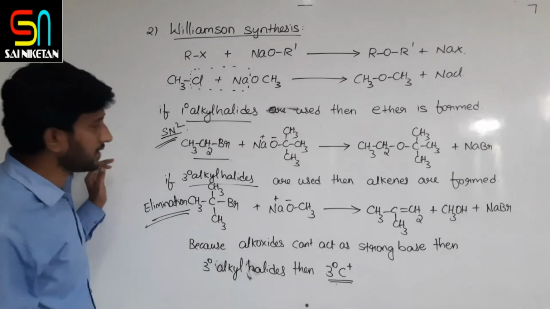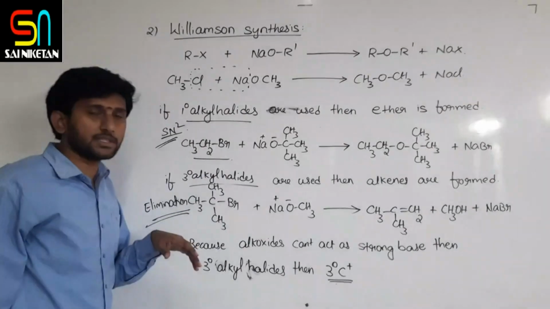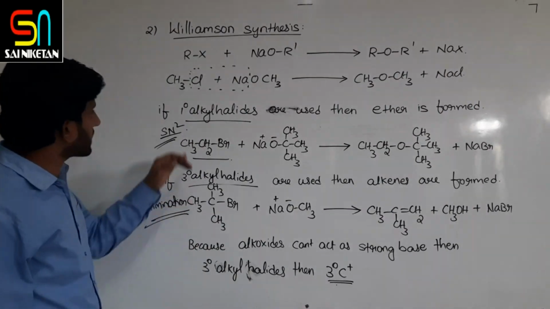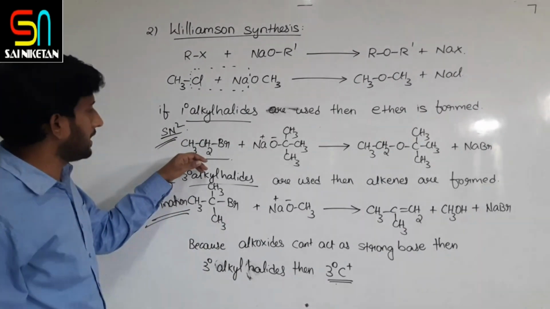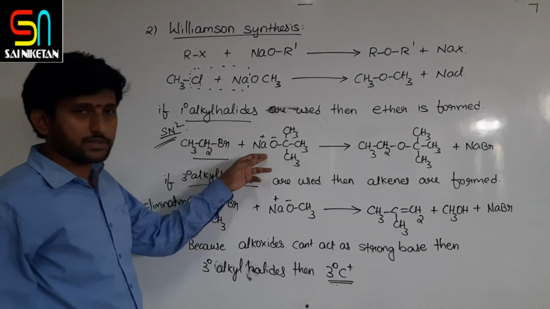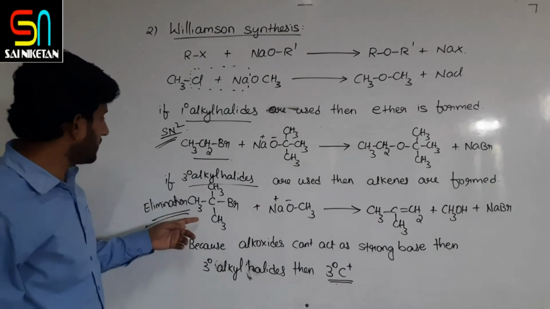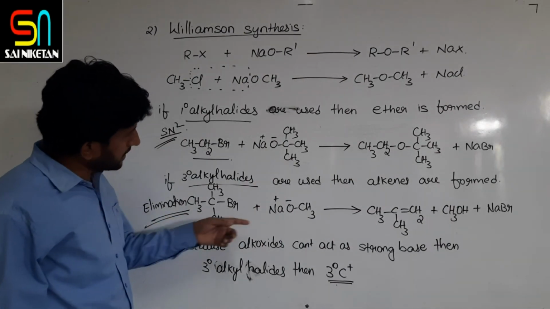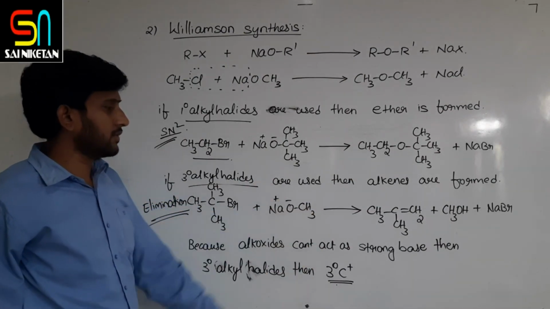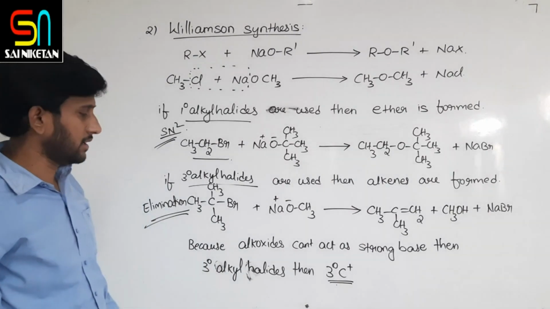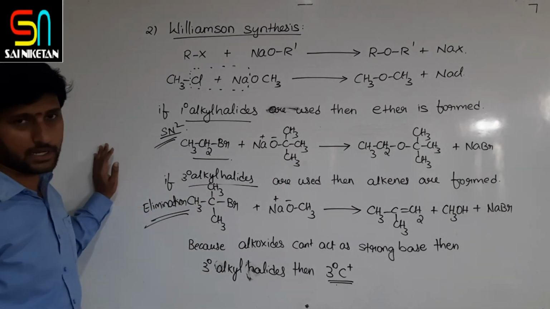That's why in Williamson synthesis, primary alkyl halides in the presence of strong base form ethers only, but tertiary alkyl halides in the presence of strong base form alkenes as a major product.